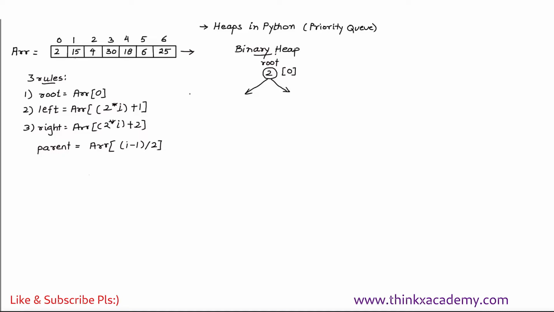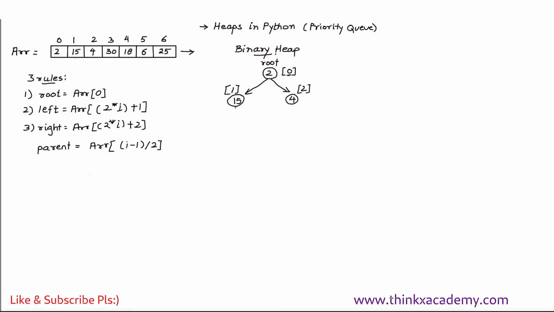You can see the position of i is 0 in this case, because it is the parent. So 0 multiplied by 2 gives 0, and the final position we get is 1, and at position 1 we have the element 15. So here I am simply going to write 15 and the position is 1. Similarly, I will use the formula again for the right child, and now we have the value 2 here, so at position 2 we have the value 4.